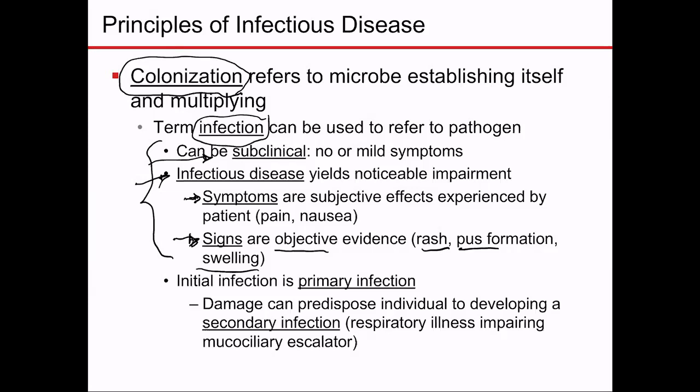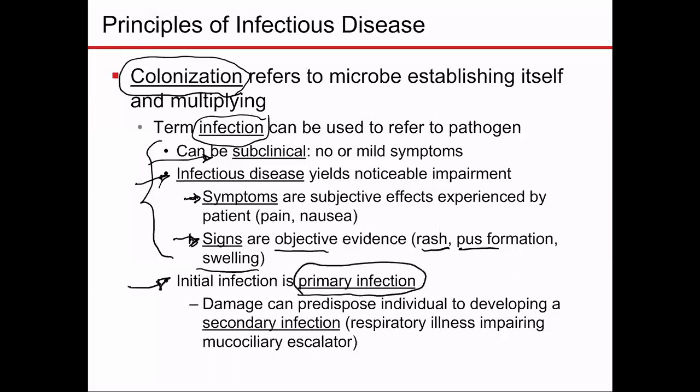So the infection by that same pathogen could have different outcomes in different subjects based on all these multiple variables that may determine the final outcome. Now, the initial infection by a particular pathogen is what we call a primary infection.